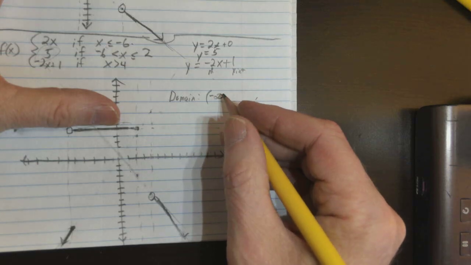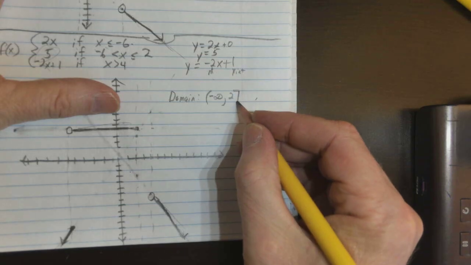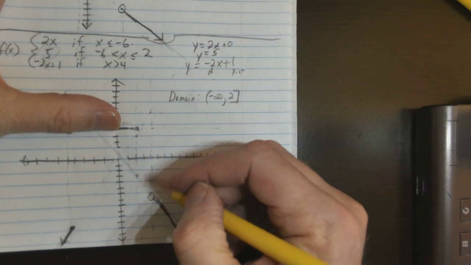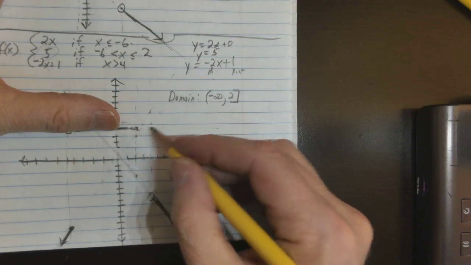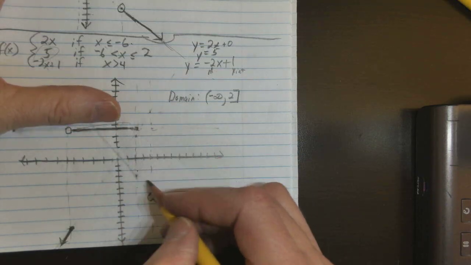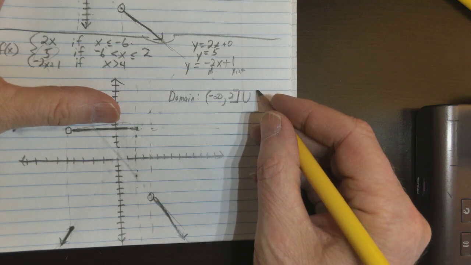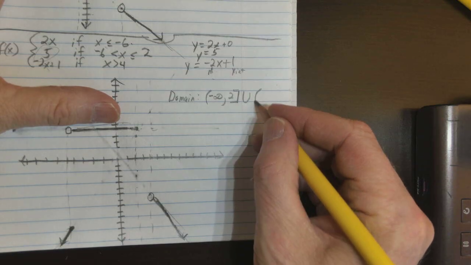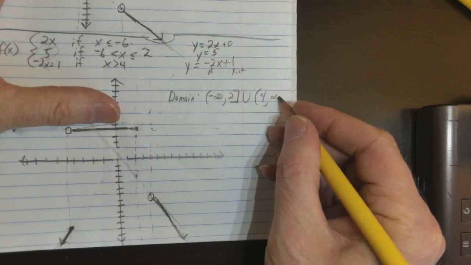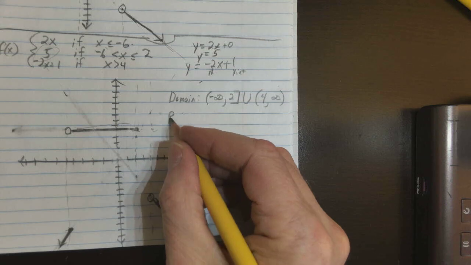So I'm going to go negative infinity to 2, inclusive, with the square bracket. But then we have this gap between 2 and 4. You see that? There is no part of the graphs that are ever going to touch that. So I'll put a U, and I will pick up with that 4 to infinity. There's my domain.